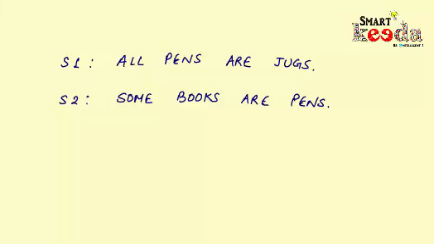Now you can clearly see from the statements that the middle term, which is pens here, is being distributed in the first statement, but it is not properly aligned, as in the first statement it is in the subject part and in the second statement it is in the predicate part, while the case should have been the other way around.